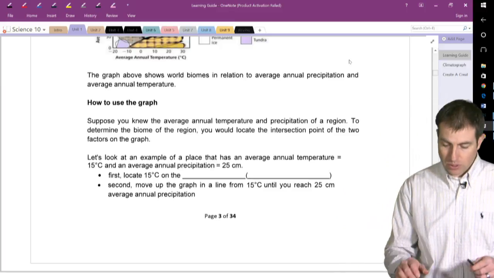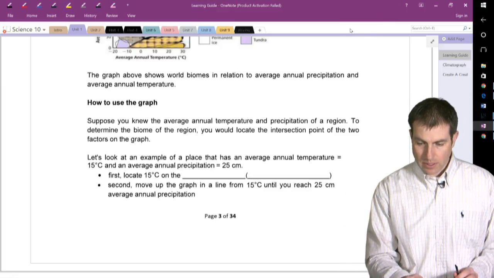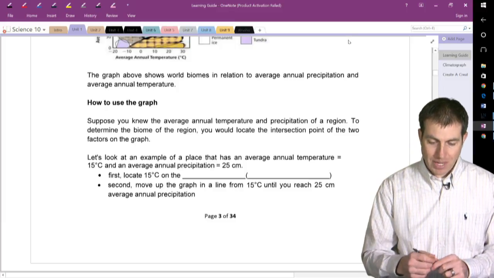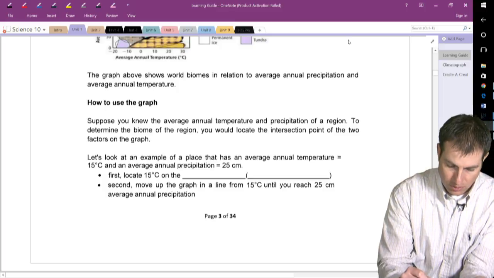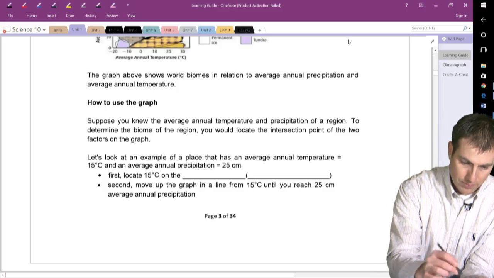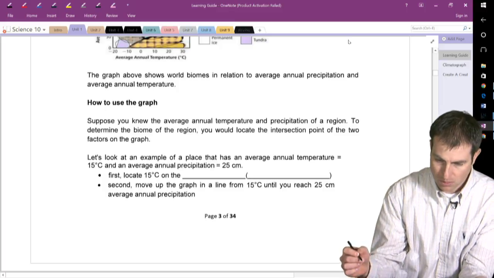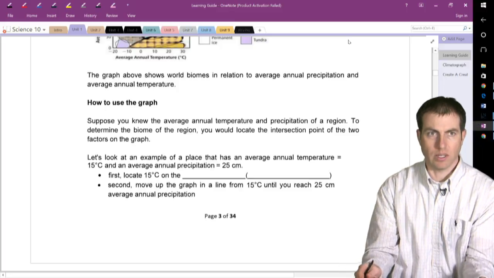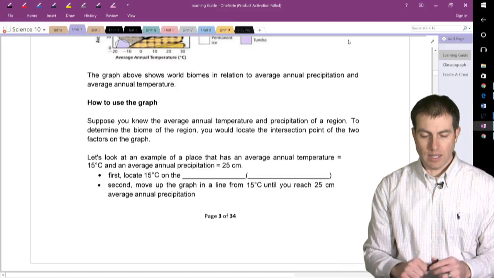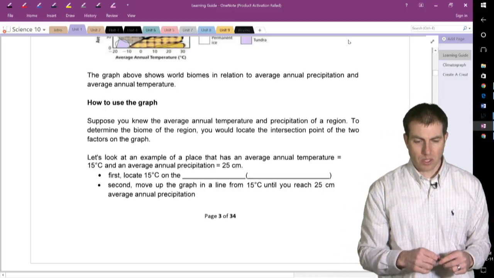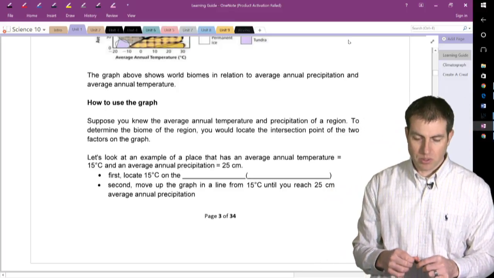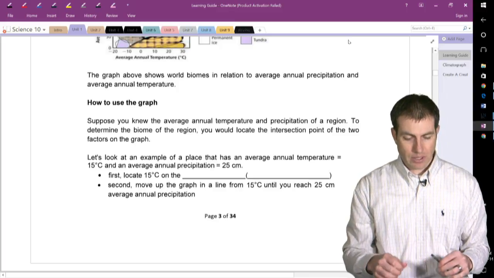First locate 15 degrees Celsius on the axis, and then we need to figure out where that 15 degrees Celsius was. So that's on the bottom axis. I could just put in bottom, I suppose. So the first blank should be bottom or x-axis. Those would both work. And move up until you reach 25, average annual precipitation.